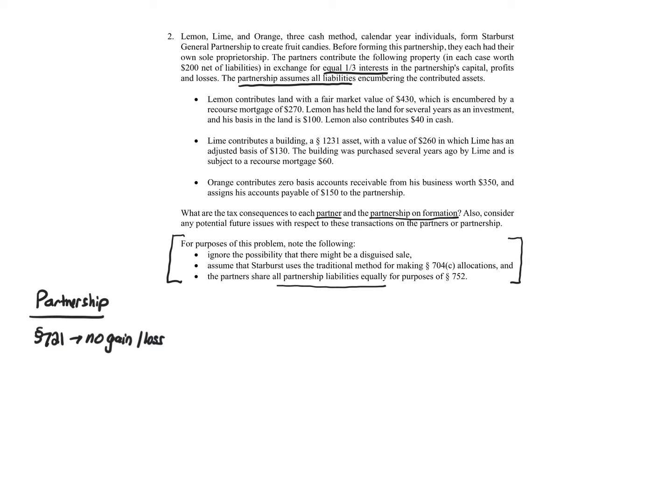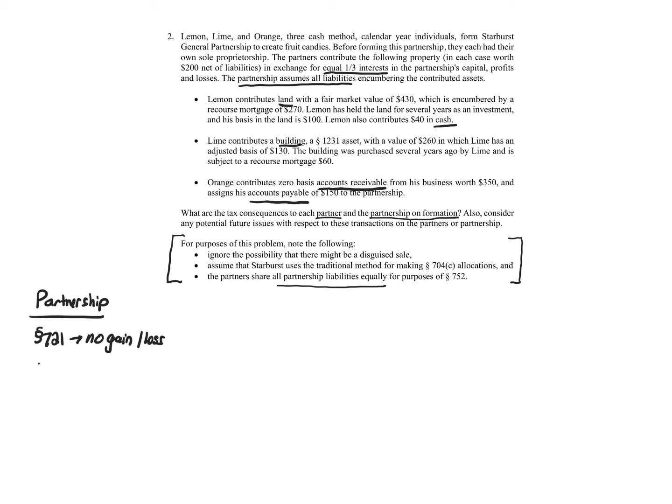Now, there's some special rules for the partners we have to look at under the 752 deemed contribution, deemed distribution rules, and we'll talk about that when we get to the partners. But with respect to the partnership, Lemon's giving up land, that's property, and cash. Lime's giving up a building, and Orange is giving up accounts receivable and accounts payable. So, no gain or loss to the partnership.